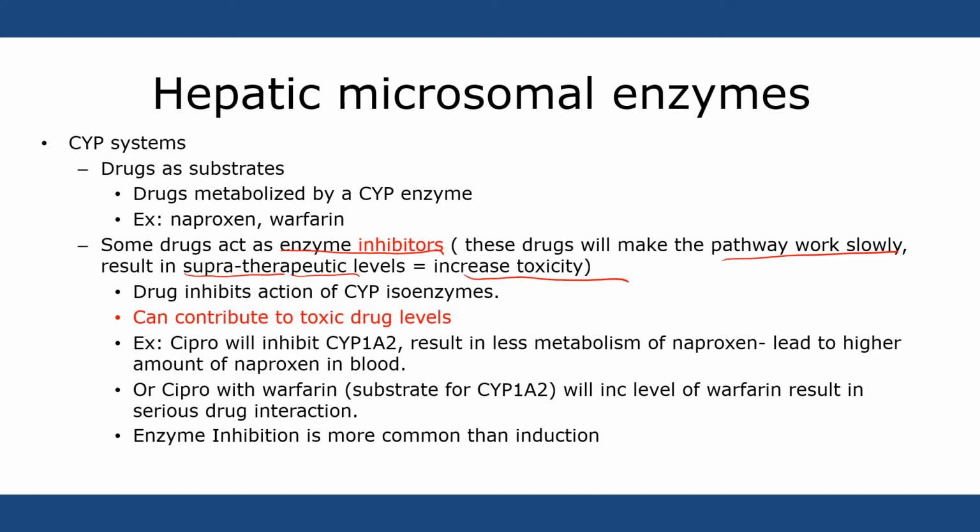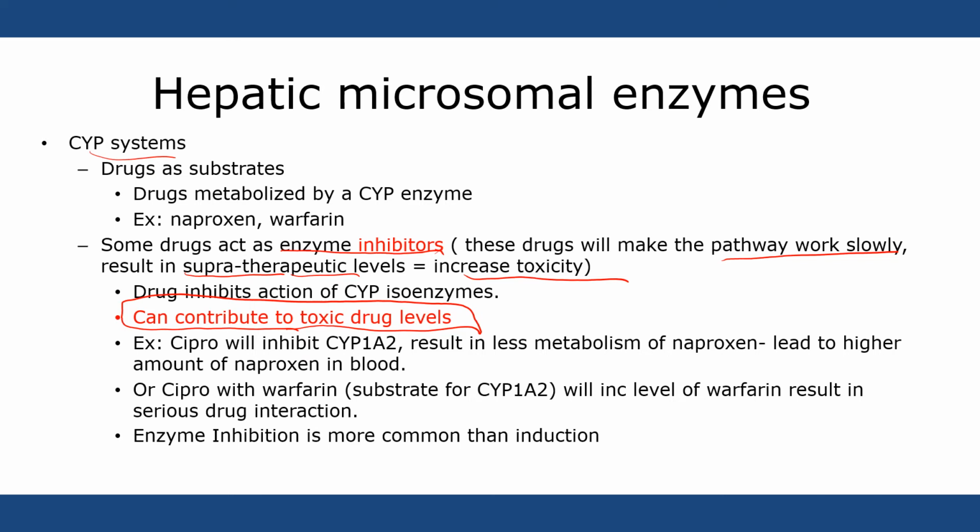So I think the moral of the story is, when we talk about cytochrome enzyme inhibitors, inhibitors will cause toxic drug levels. That's the takeaway message here. And the reason it's toxic is because it is inhibiting the process. It's going to slow down the pathway.